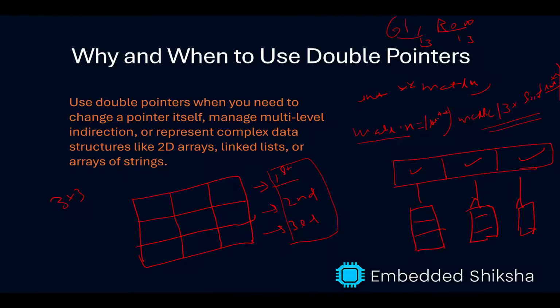Now how to proceed further to create this 2D array? So what you need to do here is, you have allocated 3 pointer memory.